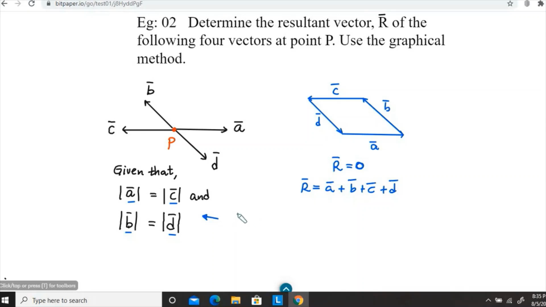So that means vector A is equal to negative vector C. In a similar way, we can find that vector B is equal to the negative of vector D. So in other words, vectors A, C and vectors B, D are opposite vectors.